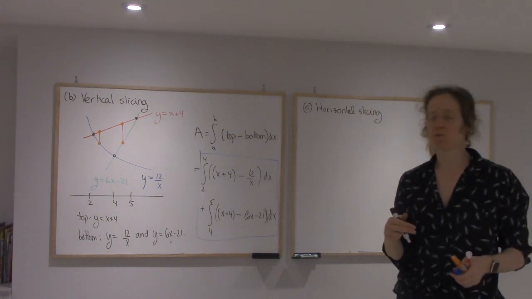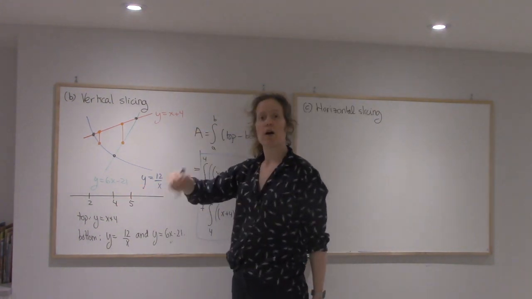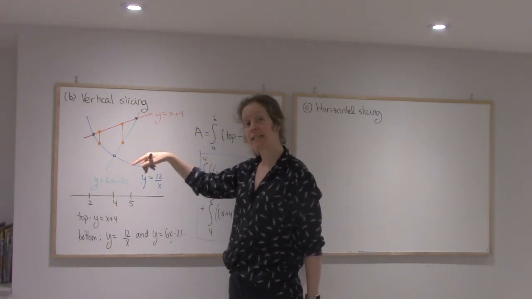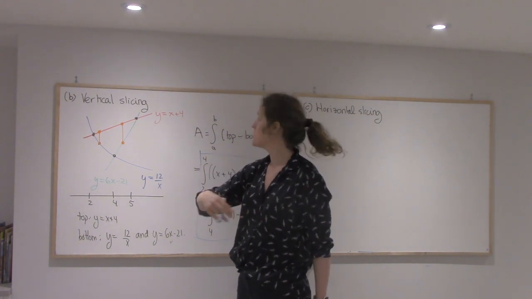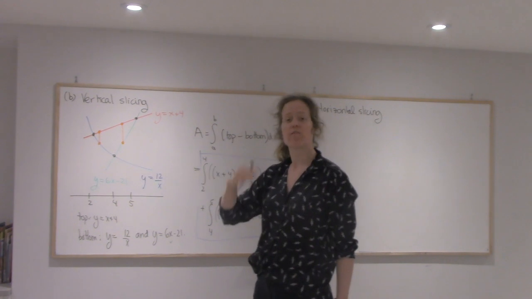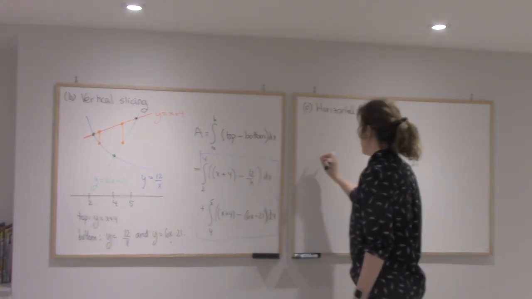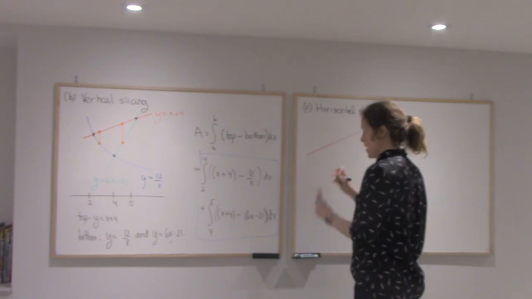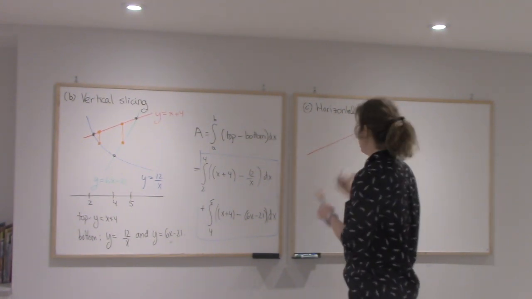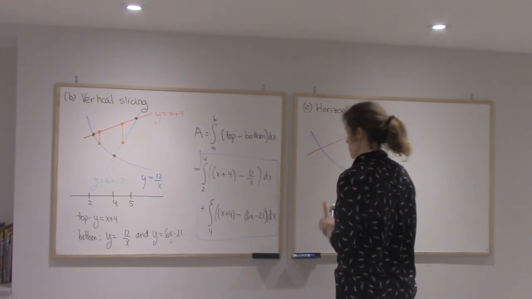Part of the reason I'll redraw is I don't want to label the curve with y equals a function of x. I want to isolate x. That's what we need for horizontal slicing. So I'm going to isolate x in all of this and relabel the curve as x equals a function of y. All right, so I have red, I have blue, and I have green.